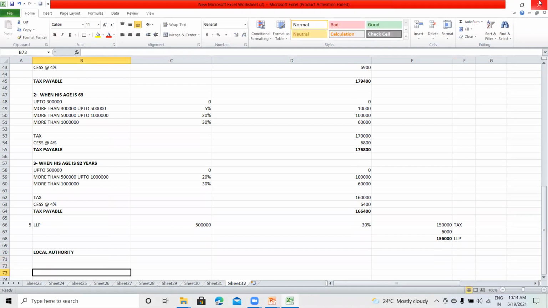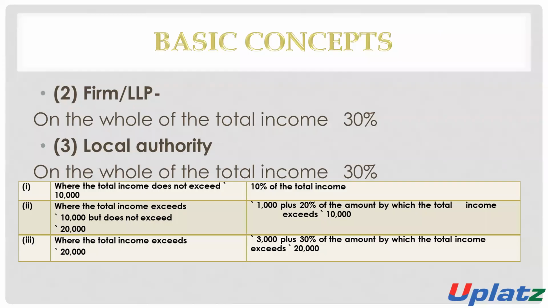In the case of local authority, if income, number one, does not exceed 10,000, then 10% of such income.